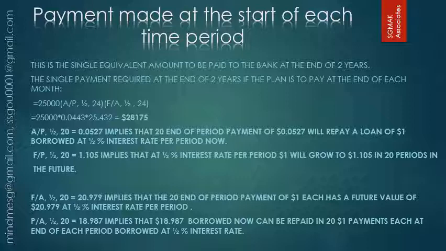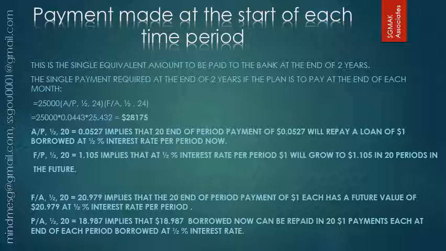The factor P over A simply converts given A, find P. So that number 18.987 implies that if you borrow $18.98 now at 0.5% per month from a bank, you can repay it by making $1 payment at the end of each month.